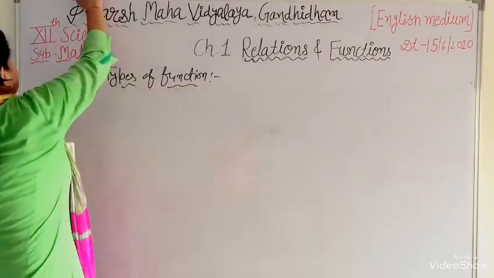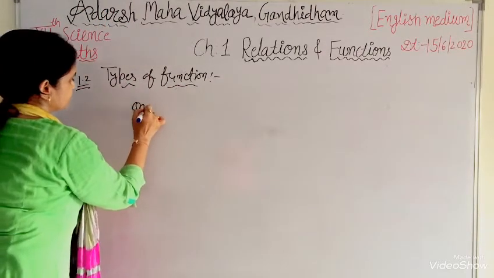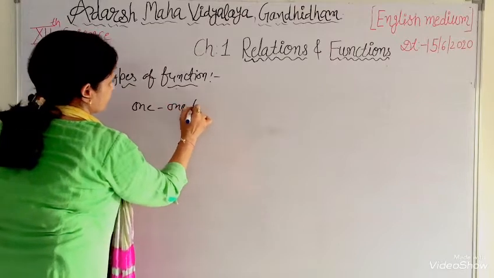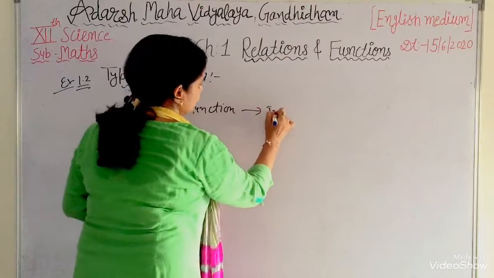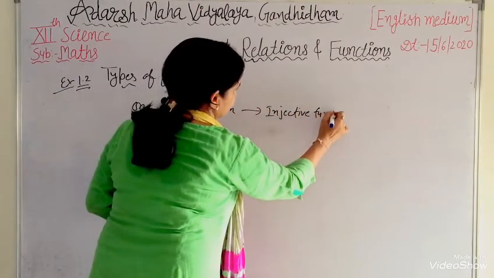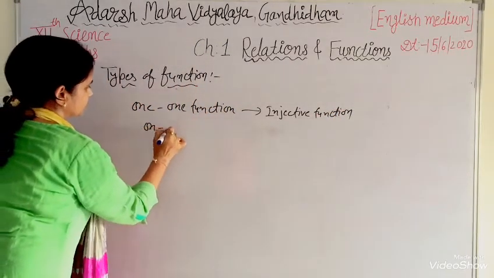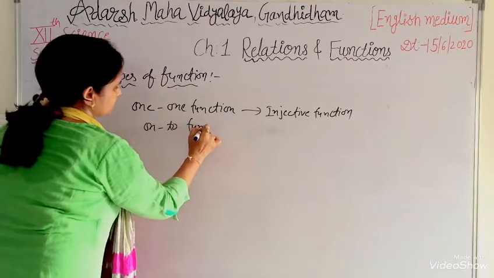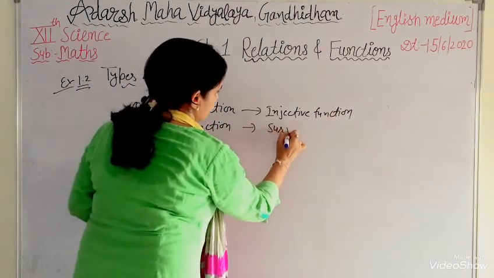Okay, you can write in your notebook that a one-one function is known as an injective function and an onto function is known as a surjective function.